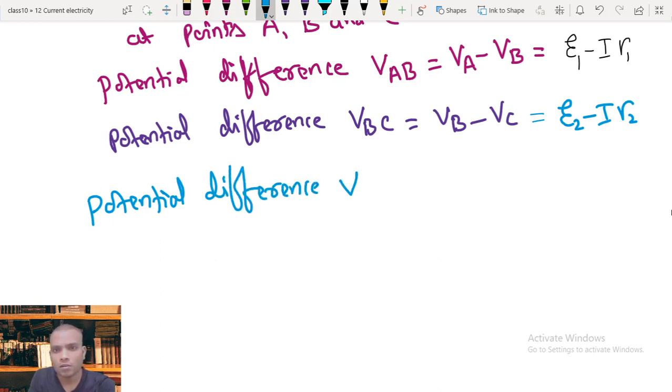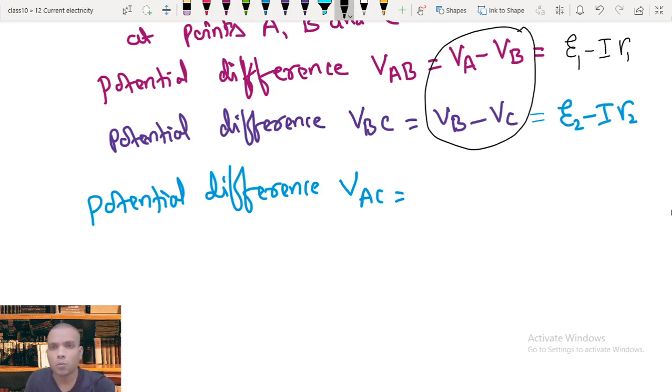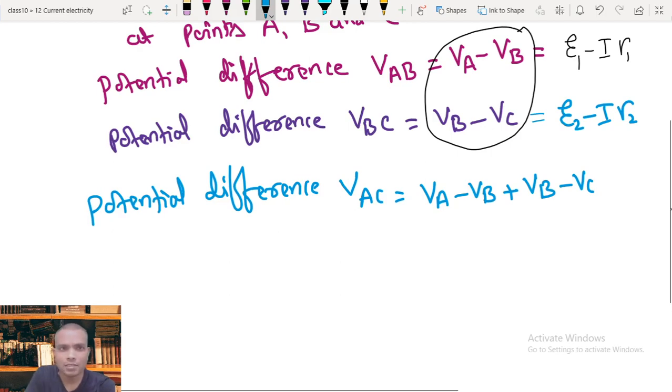that is V suffix AC is equal to, if you closely see these two, if I combine these two potentials, which is equal to potential at A minus potential at B plus potential at B minus potential at C. So if we combine these two, the potential VB cancels.